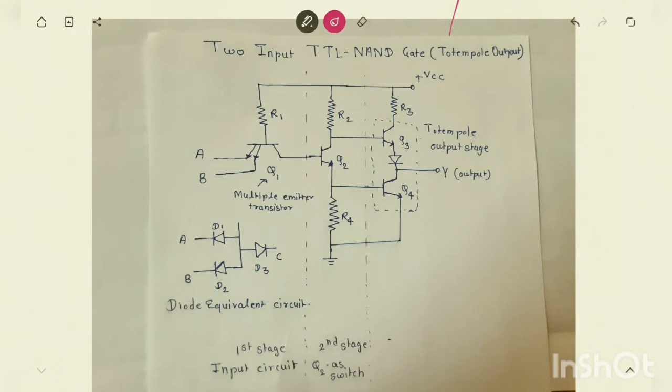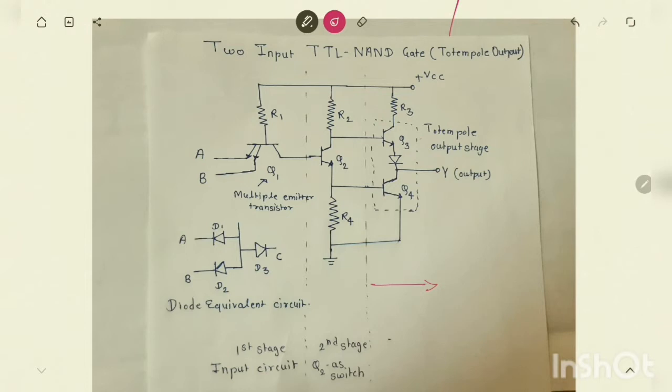This second stage is also known as a voltage splitter stage, and the third stage is your totem pole output stage, which consists of transistor Q3, a diode, and transistor Q4.